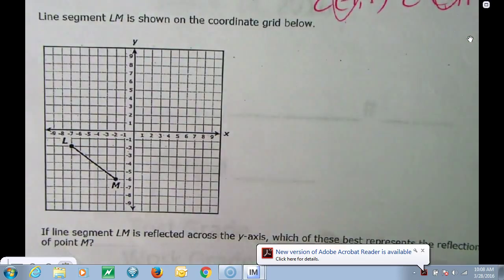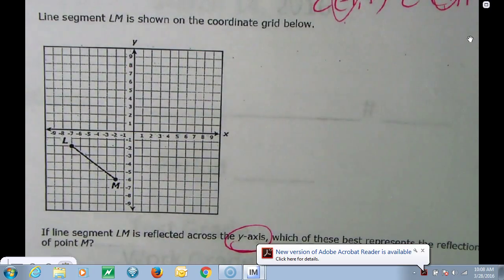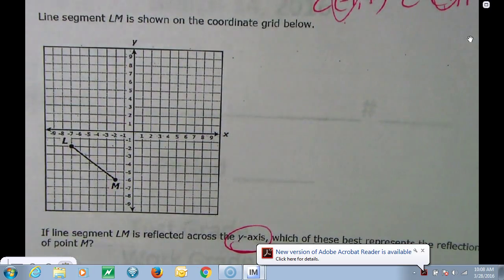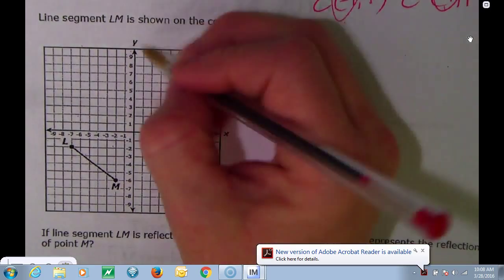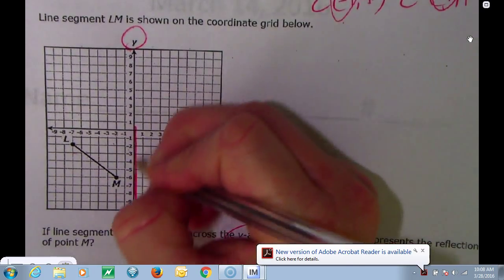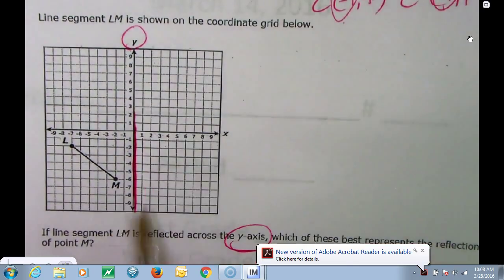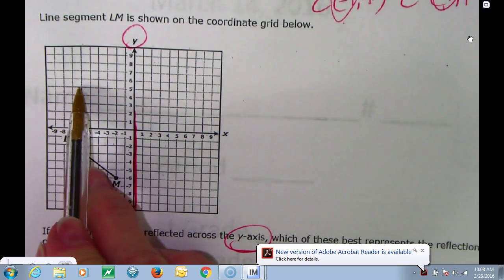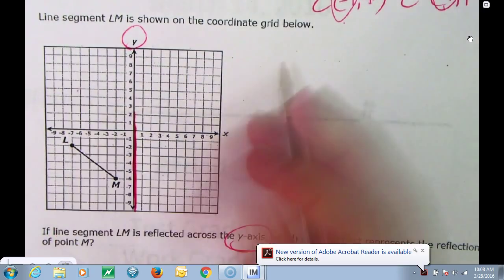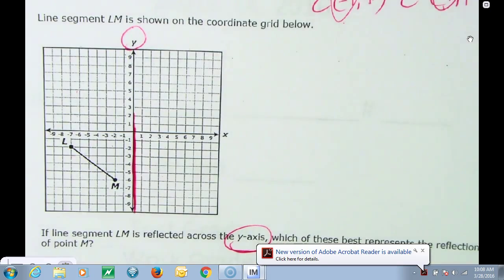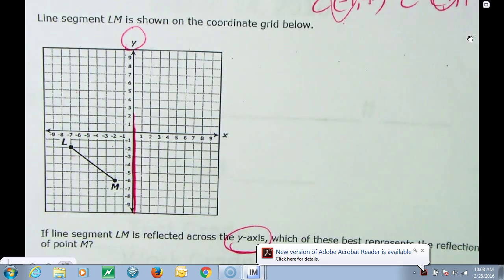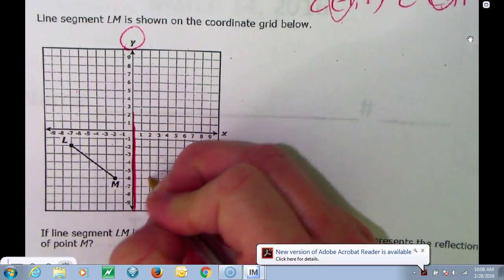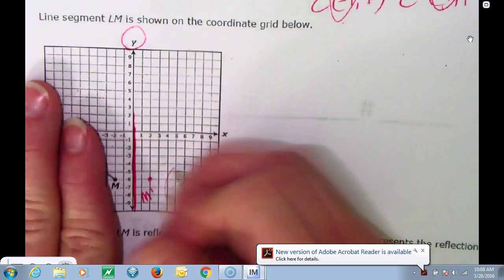Okay, look at 41. I'm reflecting. A bunch of people, not a bunch, too many missed this question. You're going over the Y. Look, over the Y. I'm going over the Y road. Some of y'all went over the X. That's the X road. I don't understand why you went over the wrong road. And then, you know why some missed it?